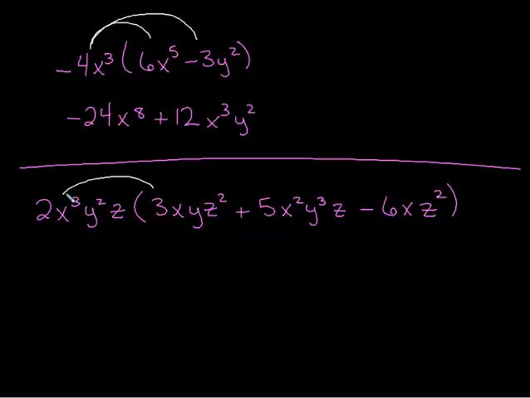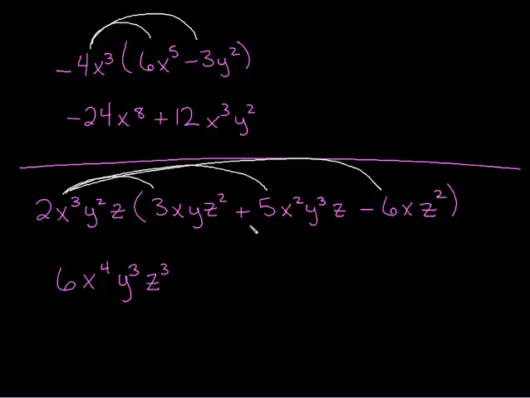I'm distributing in and multiplying by each thing. 2 times 3 gives me 6. Then I do x to the third times x, which gives me x to the fourth. And I do y squared times y, which will give me y to the third. And z times z squared gives me z to the third.